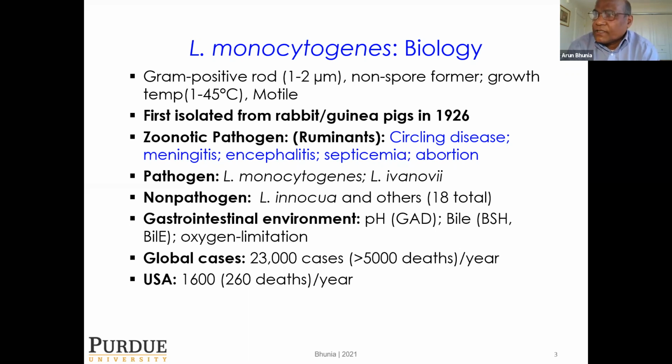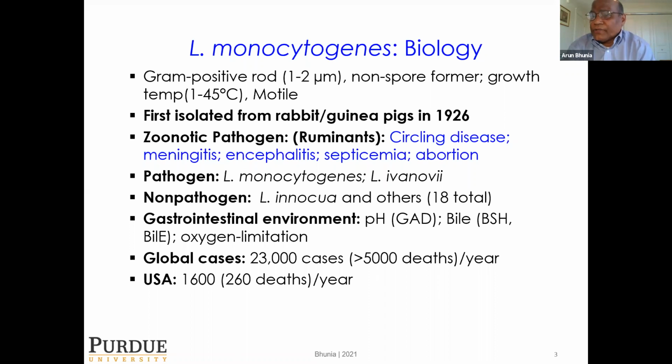We have seen cases of Listeria ivanovii infection in humans as well. Non-pathogens, just one organism I want to highlight, Listeria innocua. It looks like Listeria monocytogenes, but it doesn't have those virulence genes. So it's non-pathogenic. People use that as a surrogate organism for some of the studies. Also, there are 17 more non-pathogenic Listeria, and recently people identified several of them.